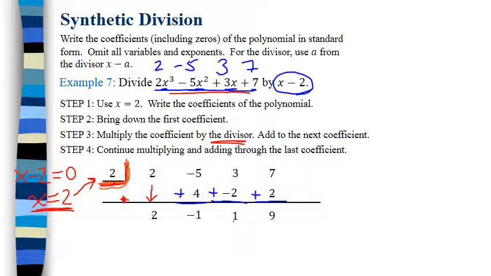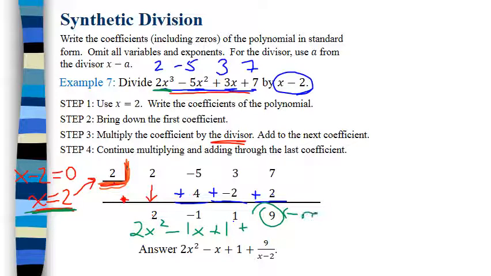Now we can rewrite this. Remember we divided out an x term here basically. So instead of having a polynomial of x cubed, now this is going to be 2x squared minus 1x plus 1 with a remainder, remember this is the remainder, of 9.